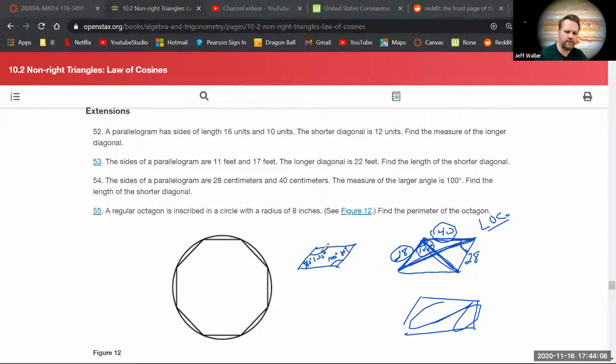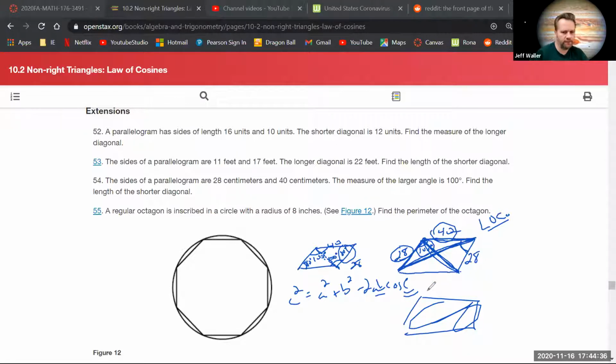So if you want to find this diagonal, it'll be 80 degrees with 40 and 28. And then you can find the last side here. You can use c squared equals a squared plus b squared minus 2ab cosine c, where the two sides are 28 and 40, and then you can use either 80 here or 100 here.